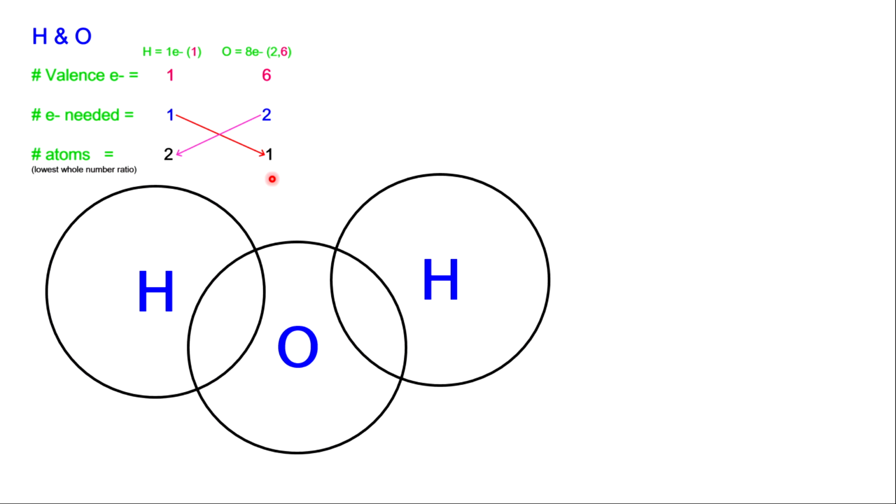Once you draw your circles representing your atoms, it is time to put the number of electrons in the bonding section. The way you determine the number of electrons to put in these sections is simply to look at the lowest number of electrons needed.